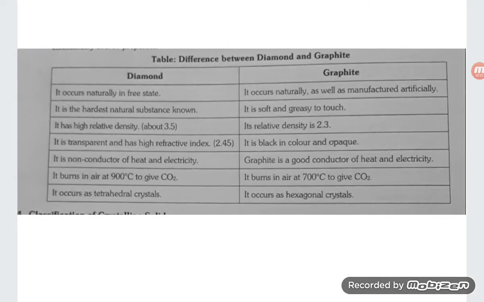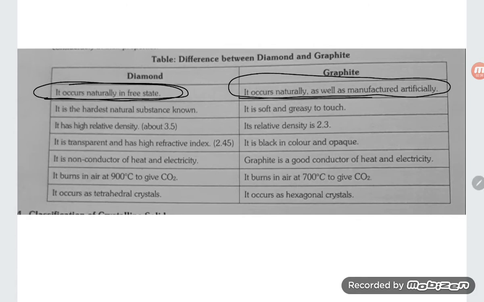Let us have a look. Diamond occurs naturally in the free state, it is a naturally occurring substance. You are not going to manufacture it, but graphite, although it exists naturally, can also be prepared artificially in the laboratory. That is the basic difference.